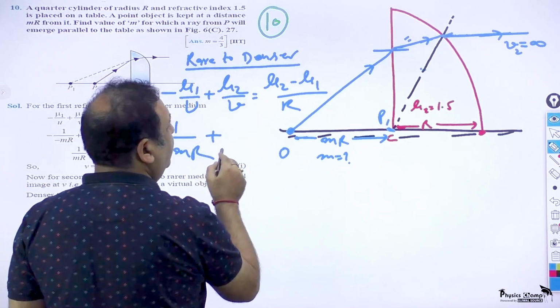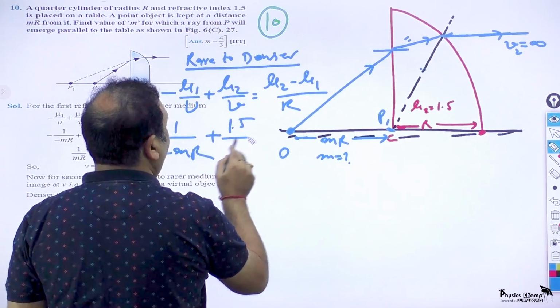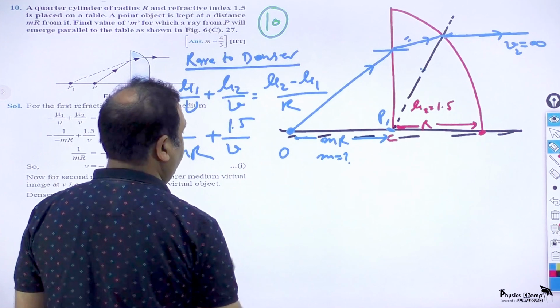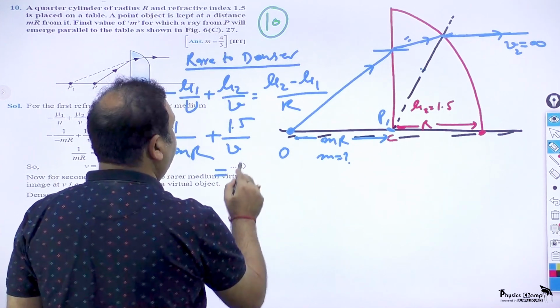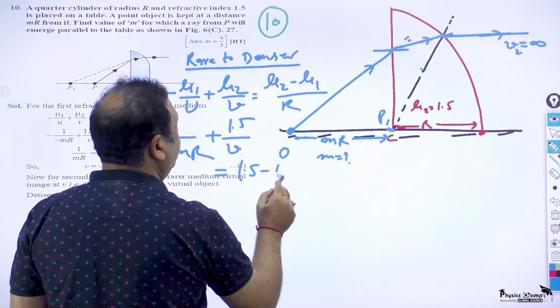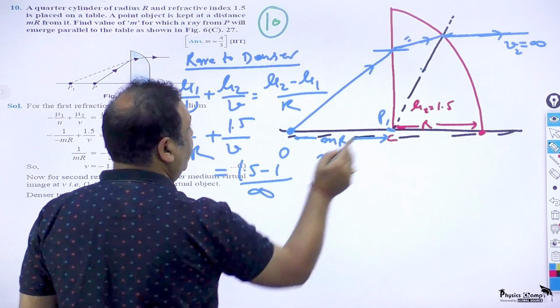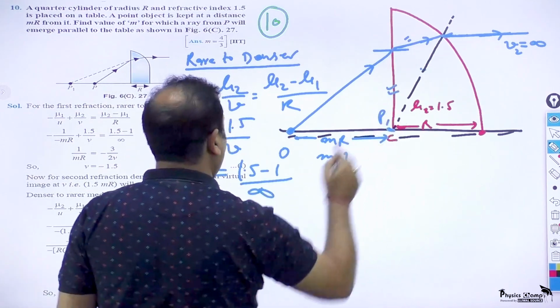Mu2 in this case will be 1.5. V we want to get. Mu1 is 1. The radius of curvature is infinite, the first radius of curvature.